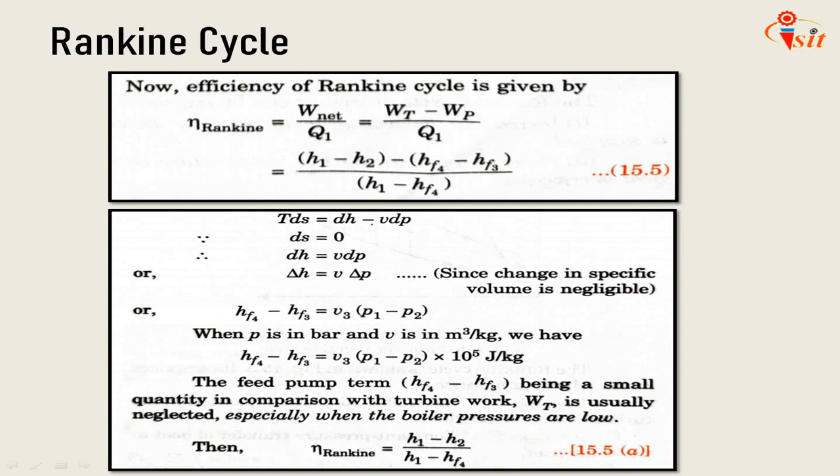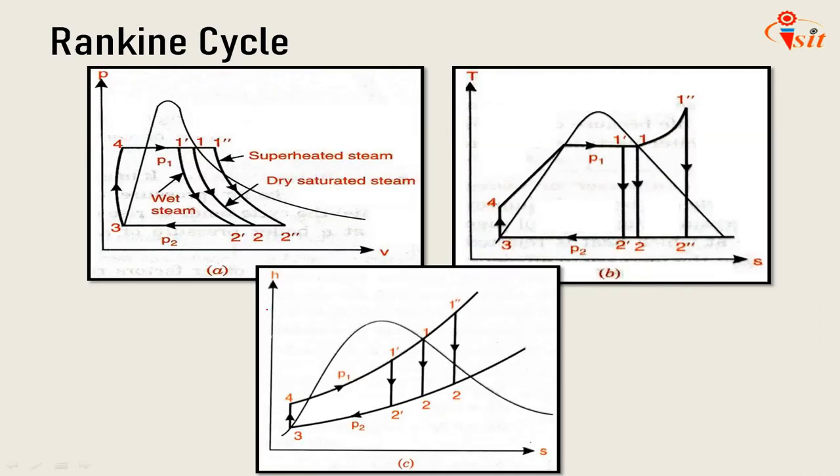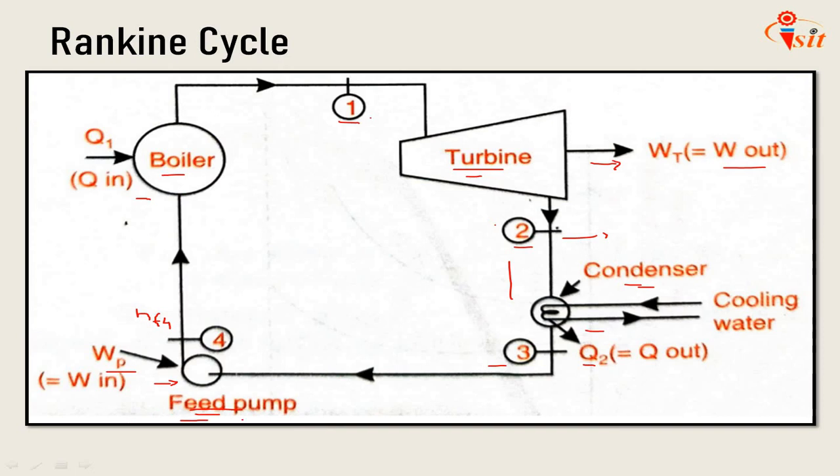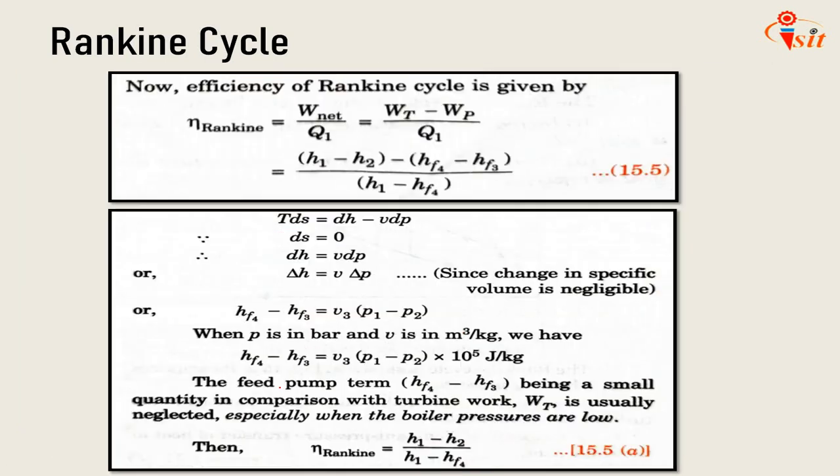Now the feed pump handles liquid water which is incompressible. Okay. The feed pump handles incompressible liquid water, which means with the increase in pressure its density or specific volume undergoes little change. Using the general property relation of reversible adiabatic compression, we get TdS equal to dH minus VdP.